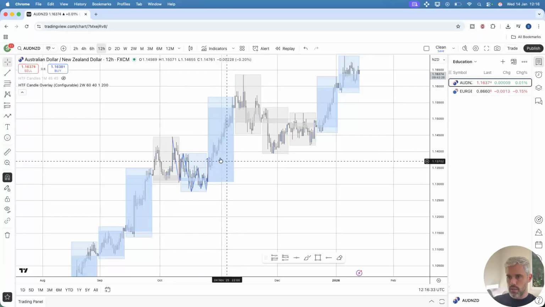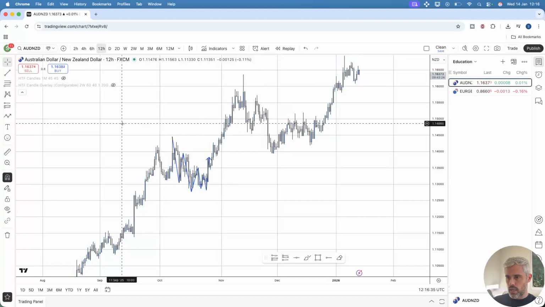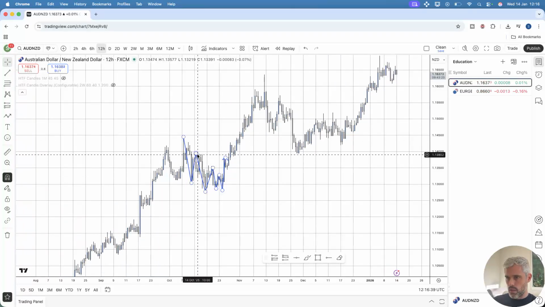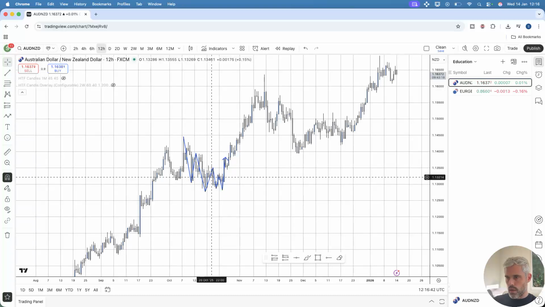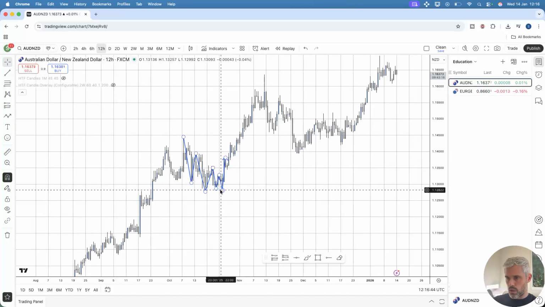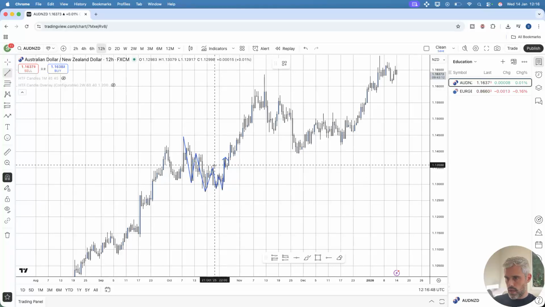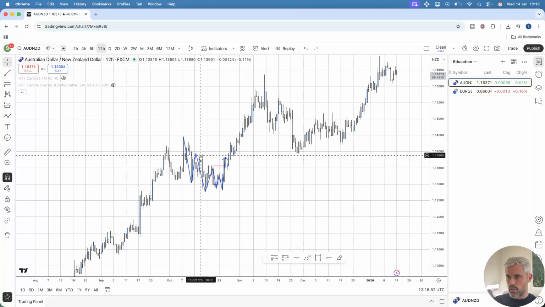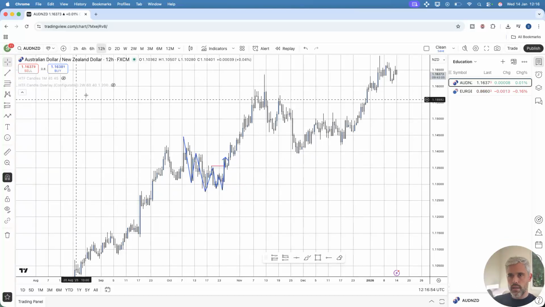So we have that pattern that emerges. We take this away and we just look at purely price action. High, low, high, break through the low, high, fail to break through the low, new demand stepping into the market. We get our shift. And now we're looking to run that counter trend idea.